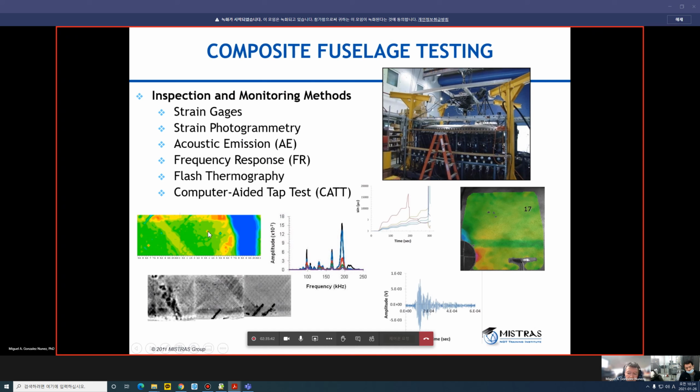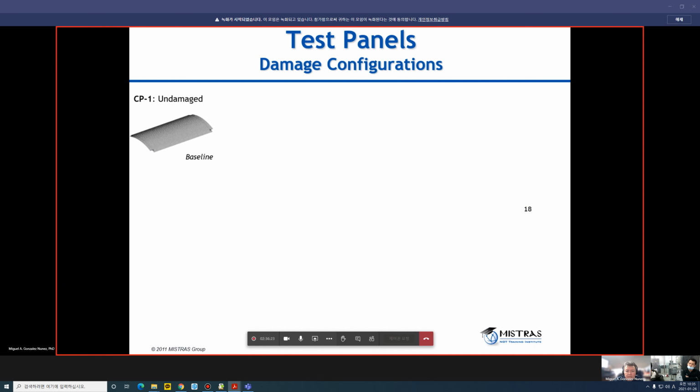This is the strain photogrammetry. This is acoustic emission, the amplitude versus frequency in kilohertz. This is the frequency response and the computer-aided tap test. In this particular example, what I want to show you here is that the most deleterious damage is happening in these particular frequency ranges. Okay.